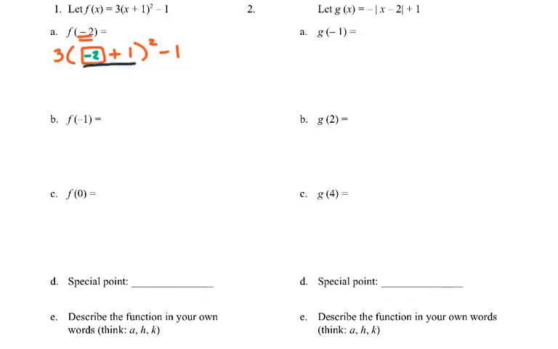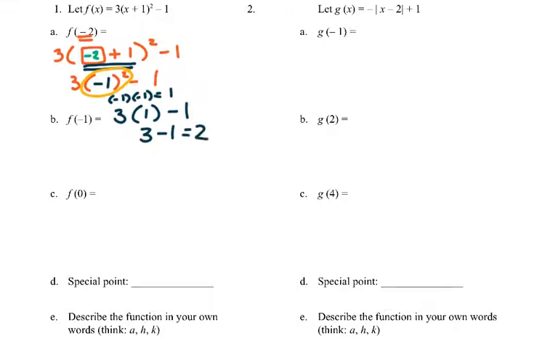So parentheses first. -2 plus 1 is -1. And then again, be careful here. The -1 is what's being squared. So -1 times -1 is +1. So this becomes 3 times 1 minus 1. 3 times 1 is 3 minus 1 equals 2. So f of -2 equals 2.